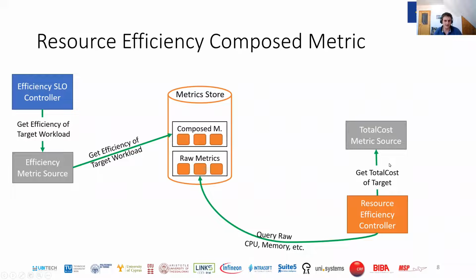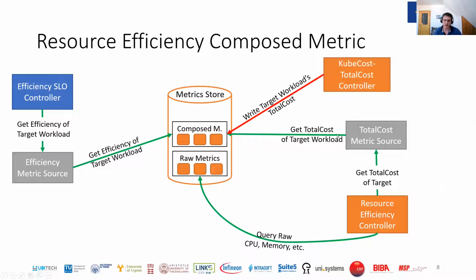So we can actually nest these composed metrics. This total cost composed metric source, again, goes to the metric store to fetch the total cost of the workload, which is periodically computed by a distinct controller. In this case, we call it total cost controller, and it's based on the Kubecost framework.